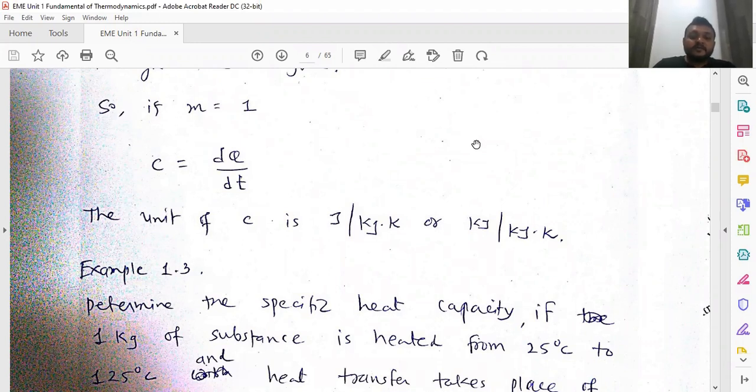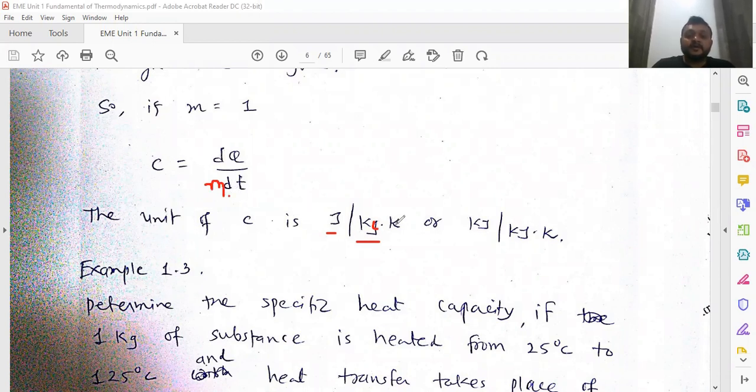So to derive the unit of C: C is equal to dq by M into dt. dq means energy, that is joule.